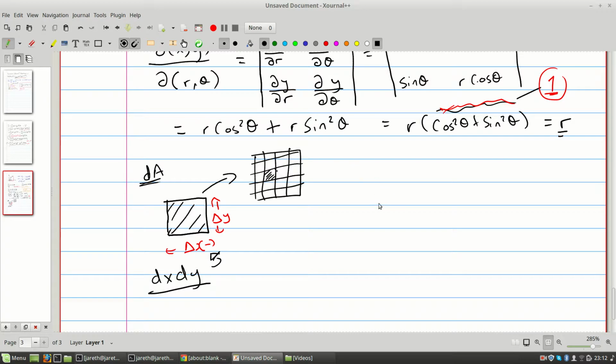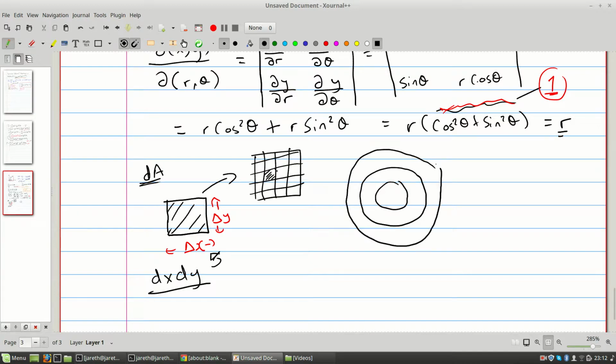Now we're looking at things in this form, and we're looking at a small section to see by how much this part changed and by how much this part over here changed. This is the arc, this is the change in the radius, and this is the change in the arc.